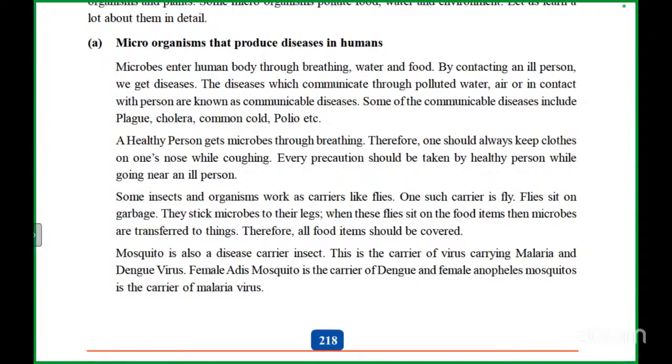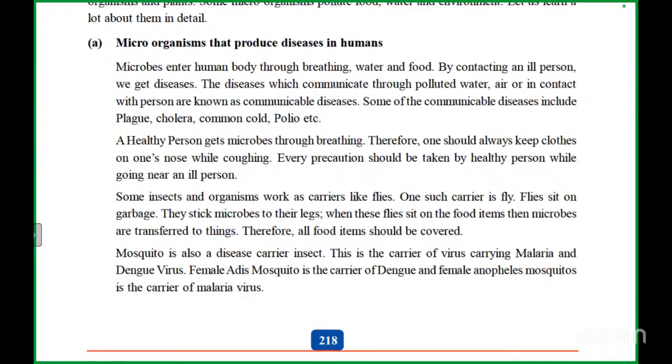When you drink infected water, get it through air, or shake hands with an ill person and the bacteria is transferred to you, those diseases are communicable, meaning transferable. Some of them are plague, cholera, common cold, polio.